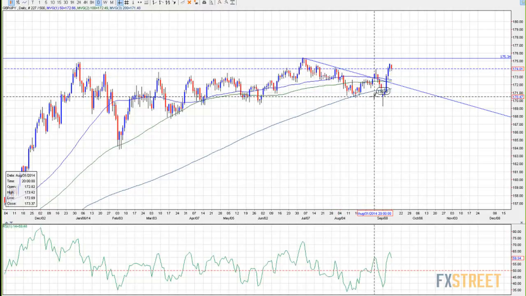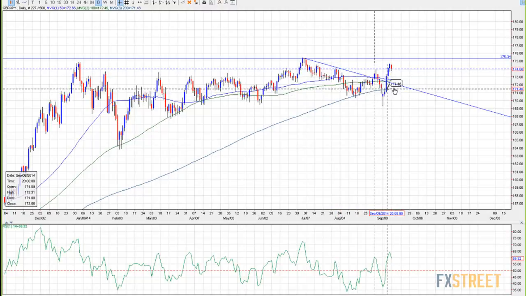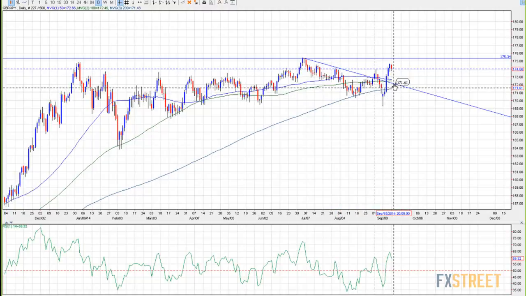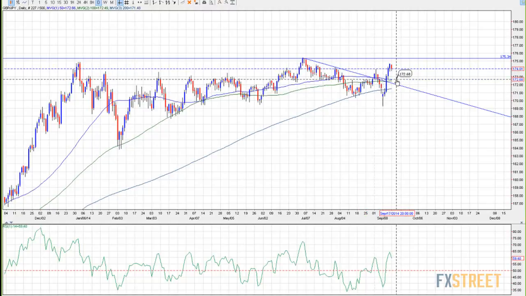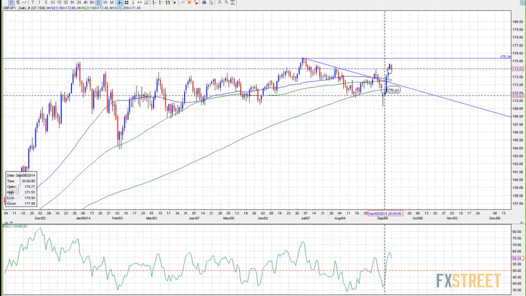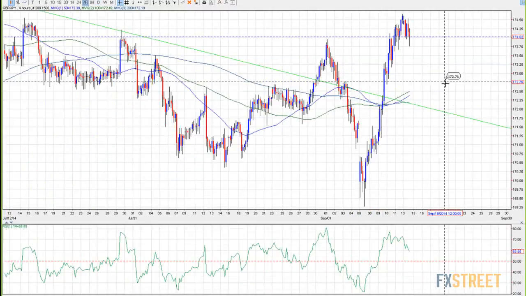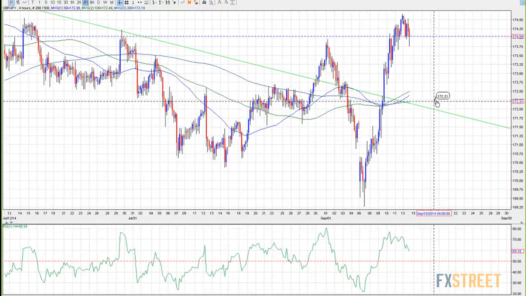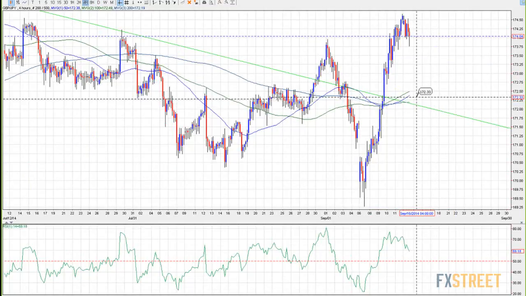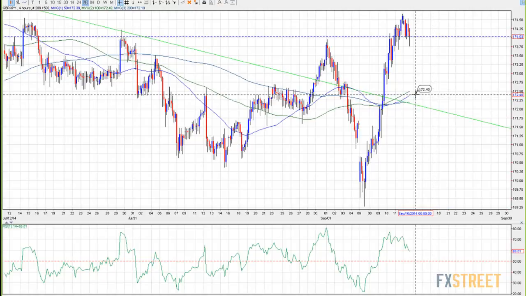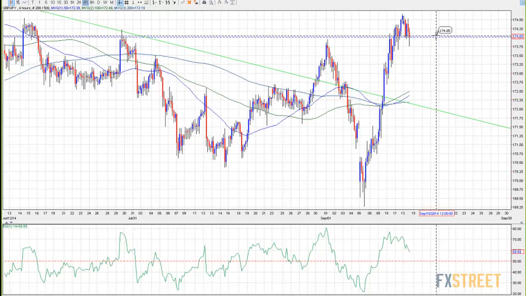The pound yen might still be just choppy, and we want to stay away from it in this choppy environment until we find some kind of bullish signal. So this is initially a bullish signal, but we want to confirm it. And if the market comes back down to the 172.20 to 172.50 area and is able to hold above this area, and the 4-hour RSI is able to hold above 40, then we can start building that bullish outlook.